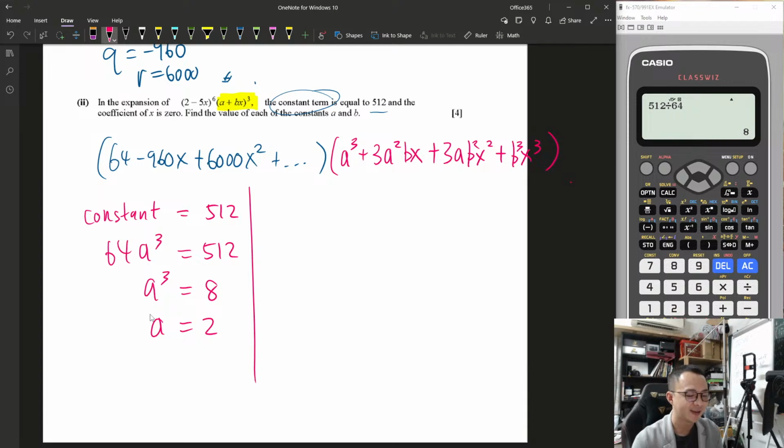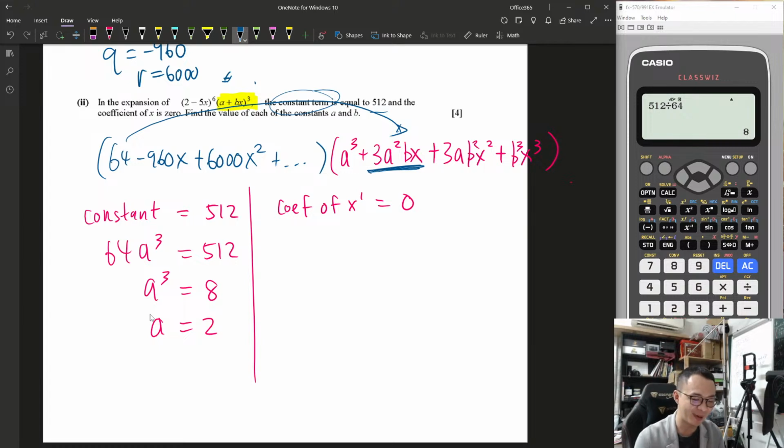Okay, then the next thing, they say the coefficient of x power 1 is 0. So again, I have to ask myself how to get x power 1. Okay, 64 will need to multiply this one because this term is x power 1.